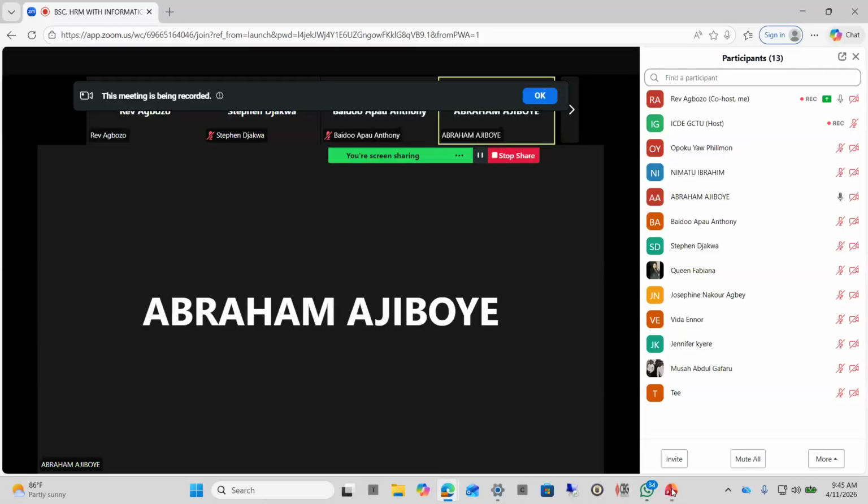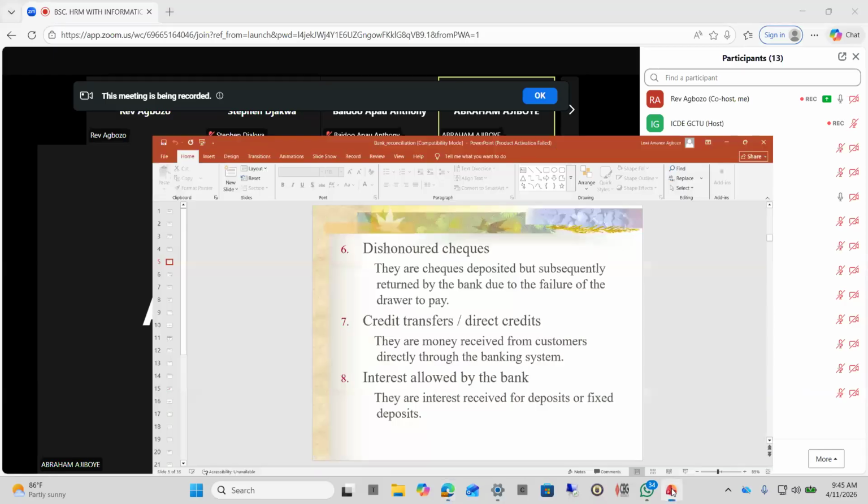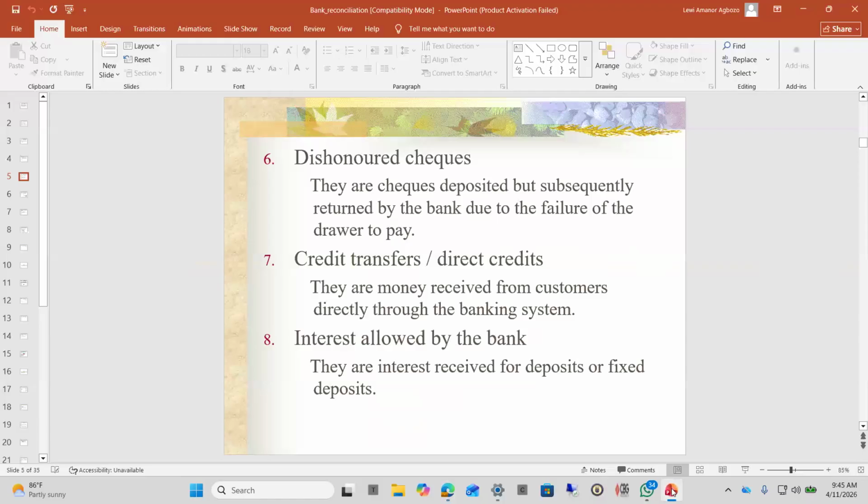Is it possible the bank does an overdraft for the check? No, if you have not arranged for it, they will not. What they can do at best is let your relationship manager call you: Abraham, we have received a check of $100,000 from you, but your account balance is 50.